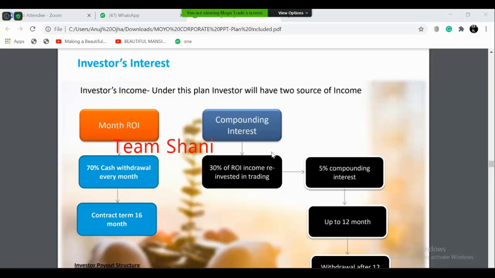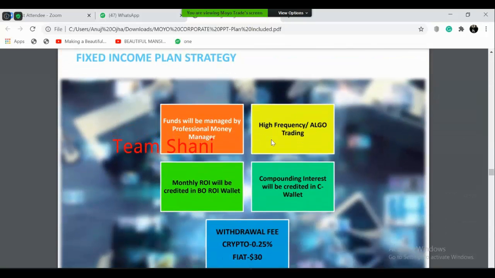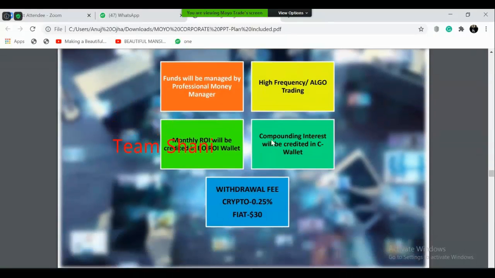Go down one more slide, Anuj. I have already mentioned that the fund will be managed by professional people. If you want withdrawal in fiat currency, there will be a bank wire charge.